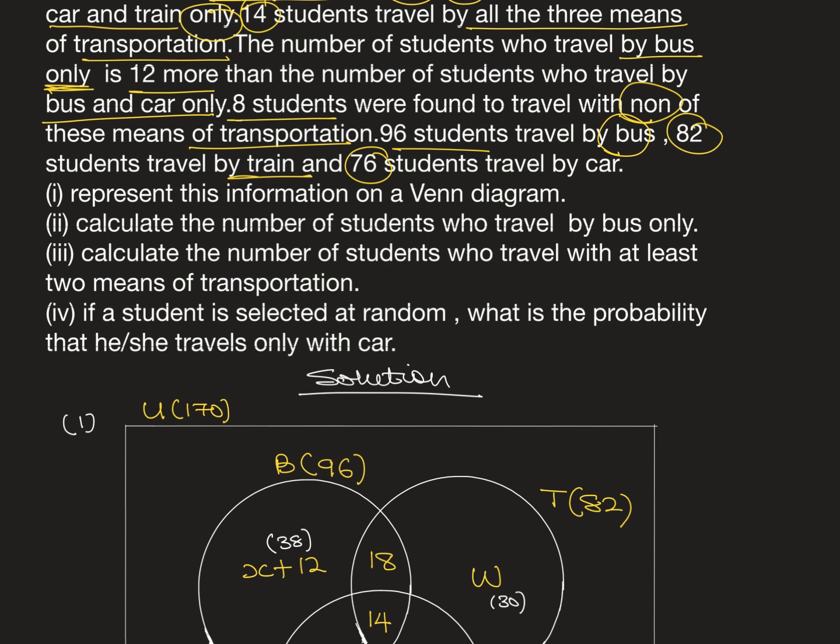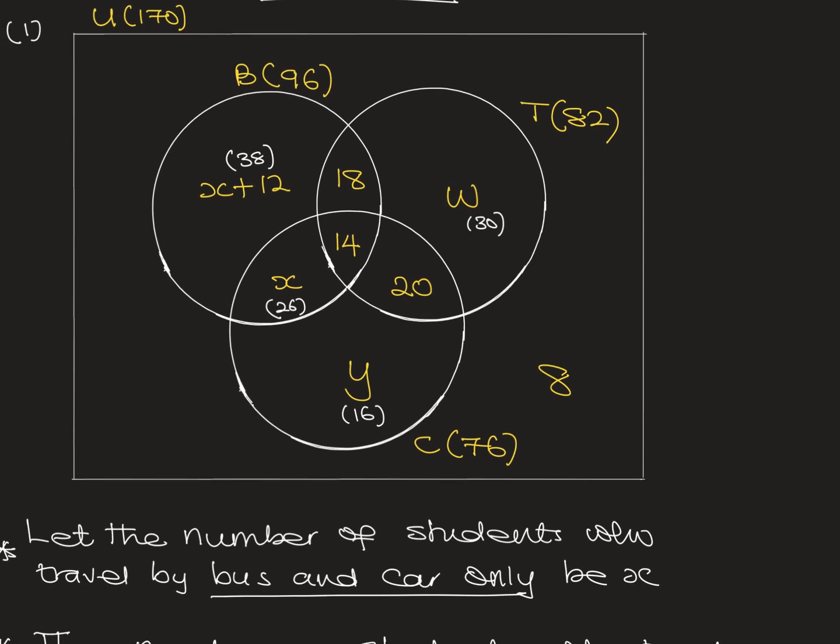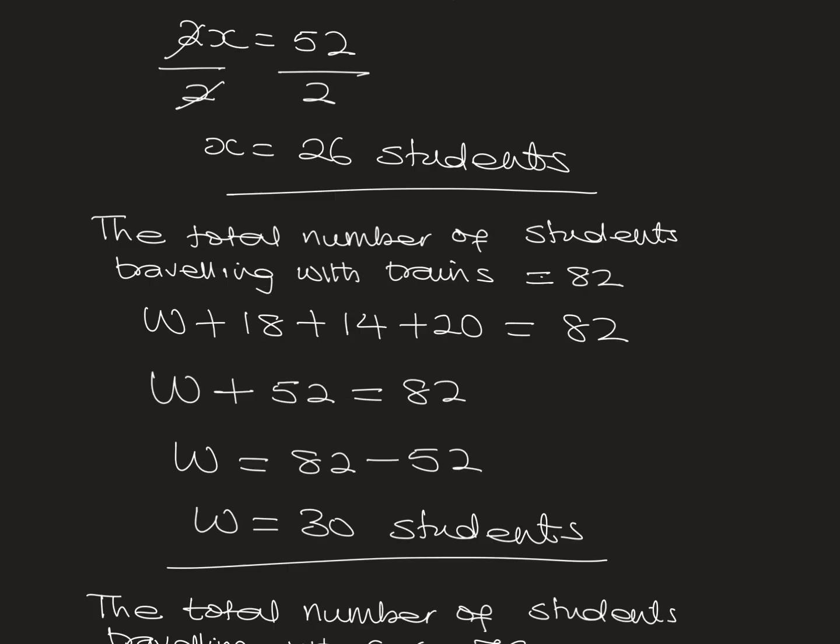Question 2 is the number of students who travel by bus only. So we want to know that. Where is bus only? Bus only is here. So that is, we've already calculated as 38. But let's just write that, all right? x plus 12.